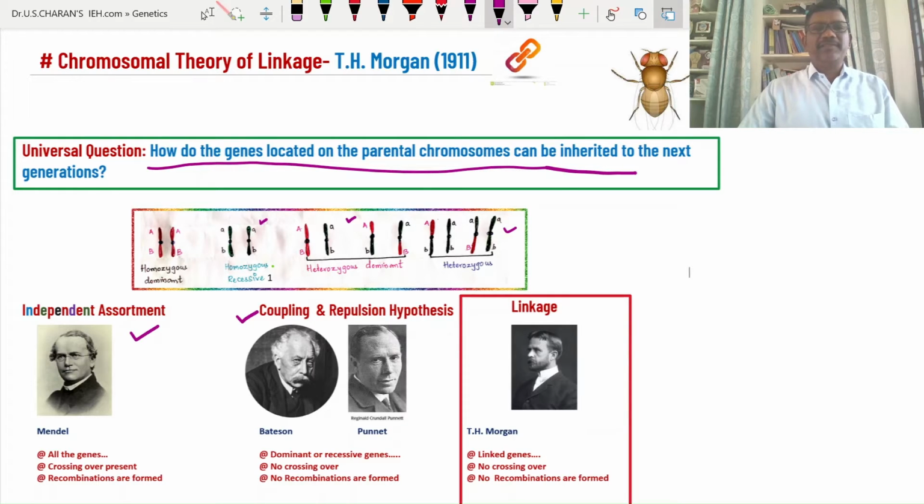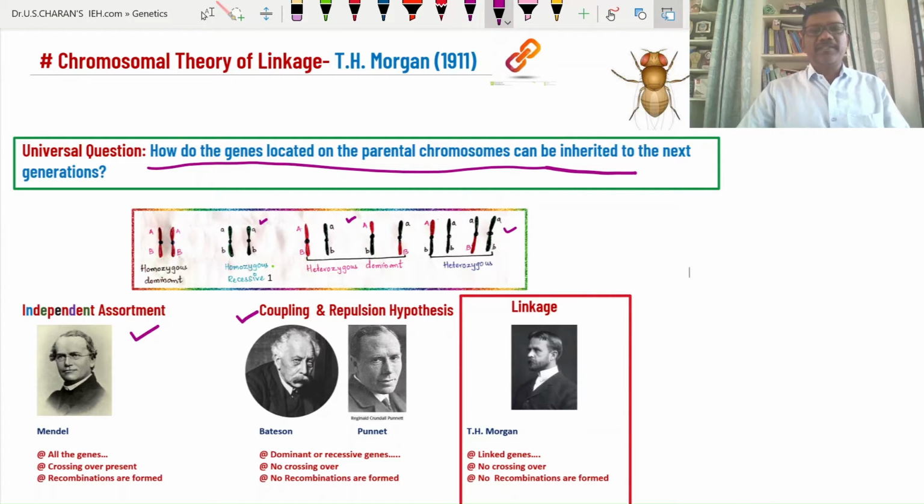Briefly, I am comparing independent assortment, the coupling and repulsion hypothesis, and linkage. In independent assortment, the genes or alleles located on the parental chromosomes are separated during meiotic division and enter into different gametes and form the new genotypes in equal proportion. The coupling and repulsion hypothesis is different from independent assortment.